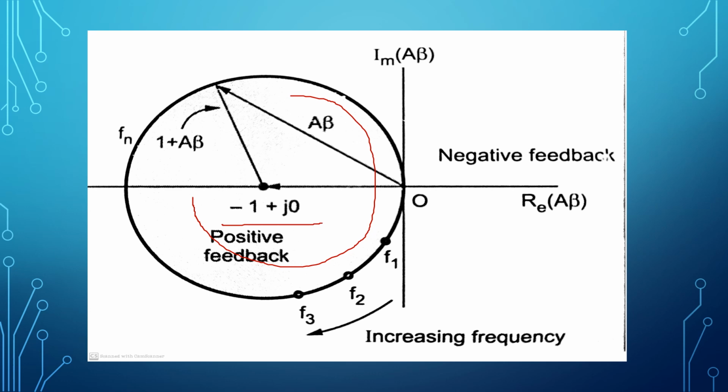As A beta extends outside of the circle, the feedback is negative, since 1 plus A beta is greater than 1. When it lies inside, 1 plus A beta is less than 1, and then the feedback is called positive feedback. This region is positive feedback, and when it goes outside, it is negative feedback.